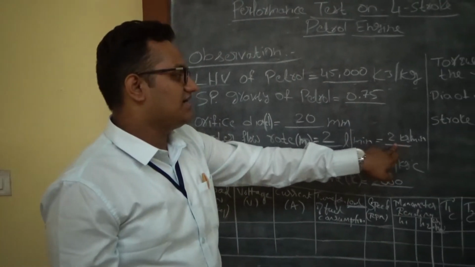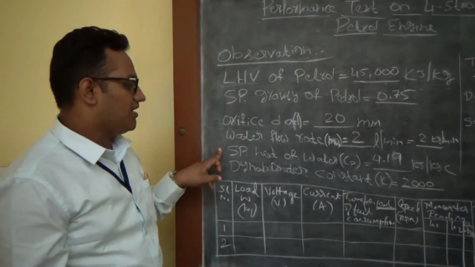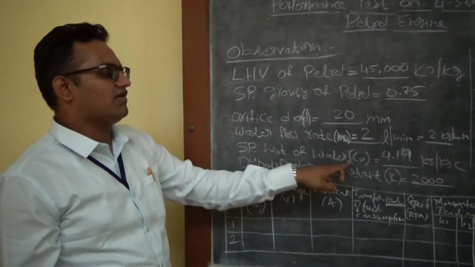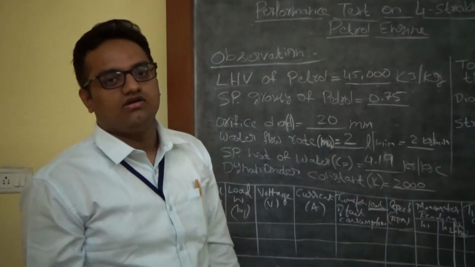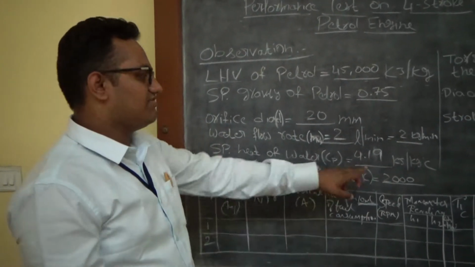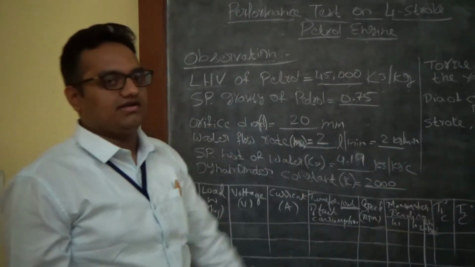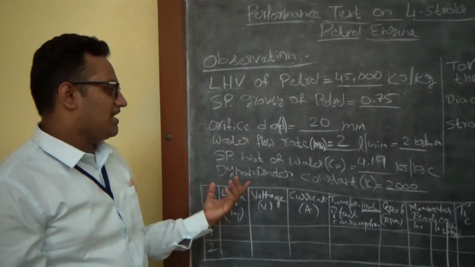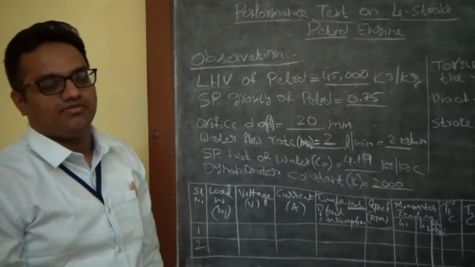Converting that, we get 2 kg per minute. Following this, we have the specific heat of water, Cp of water, which is 4.184. In general, we have taken it as 4.19 kilojoules per kg degree Celsius, and we also have a manometer constant K as 2000.